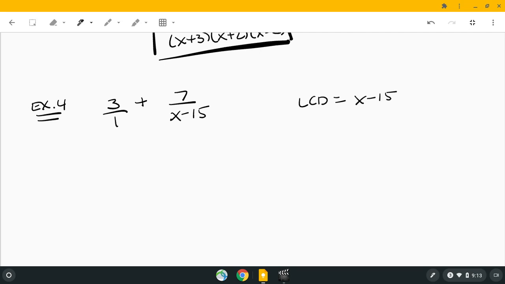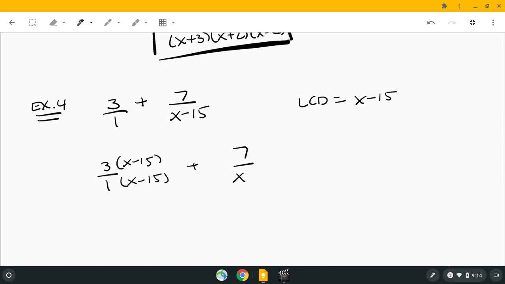All right. Let's take a look at this one. Let's suppose we have this: 3 plus 7 over x minus 15. Okay. So again, if you don't have a fraction, you can always put it over 1. All right. So LCD is x minus 15. So we're going to do 3 over 1. We need to multiply by x minus 15 over itself.